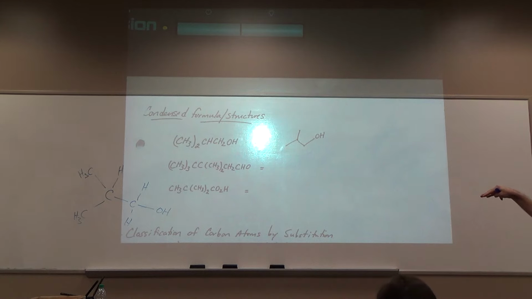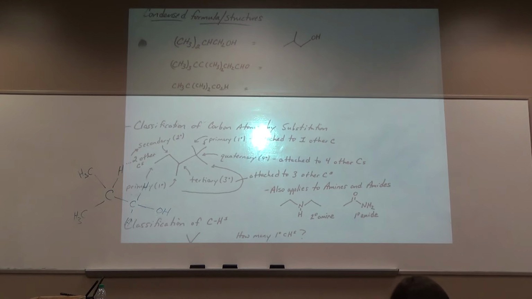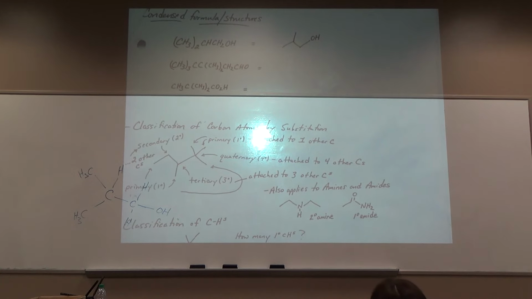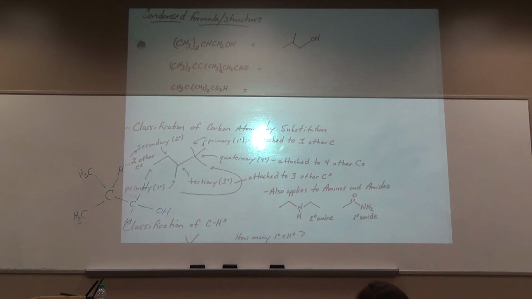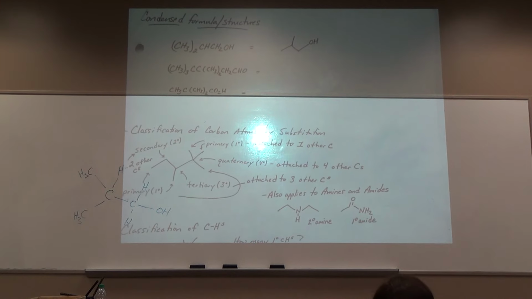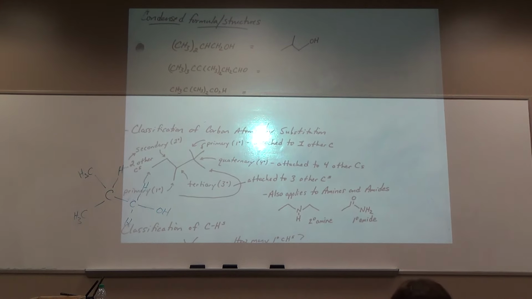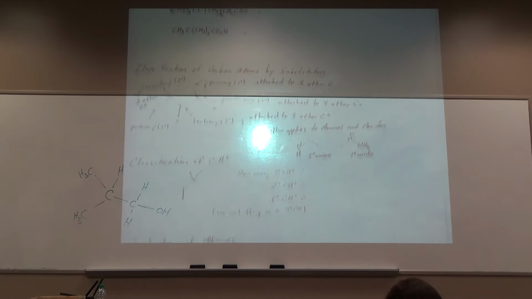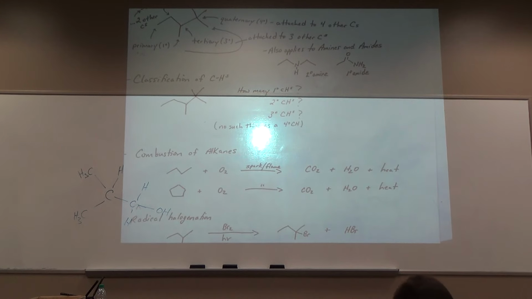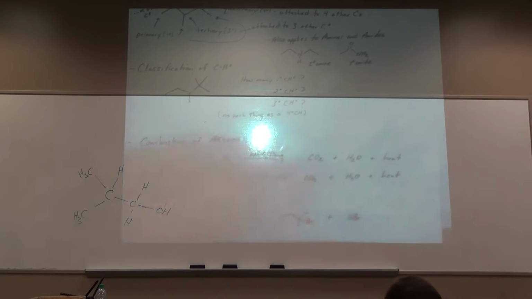Let me set the stage as we're going forward. We'll have to talk about things like primary, secondary, tertiary carbons. It's going to be no different than a primary nitrogen. Primary nitrogen is bonded to how many carbons? One. Primary carbon is bonded to one carbon. Okay? We just need to make sure we know that. Terminology, some general reactions, which are pretty almost boring, but we just have to know what those would take place.